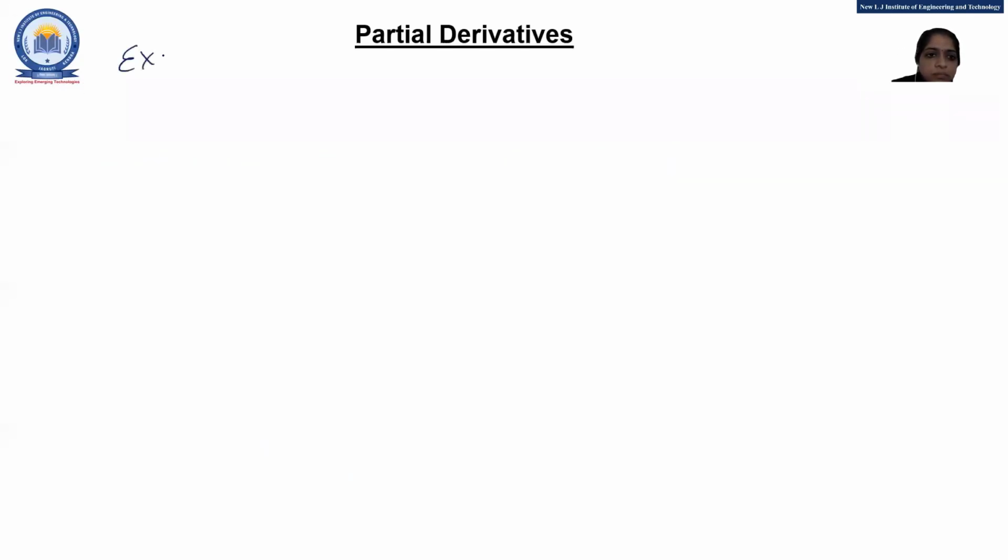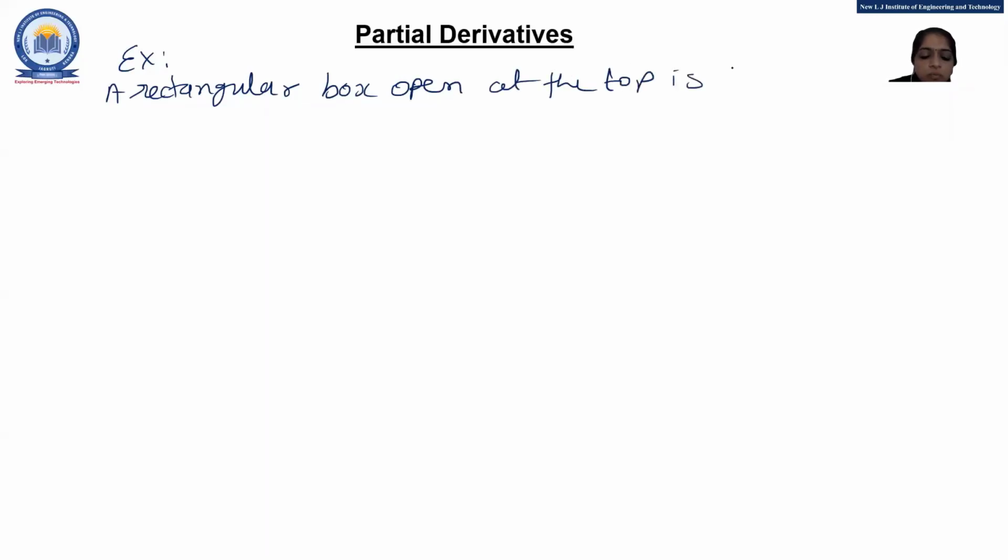Here, a rectangular box open at the top is to have a volume of 32 cubic units.